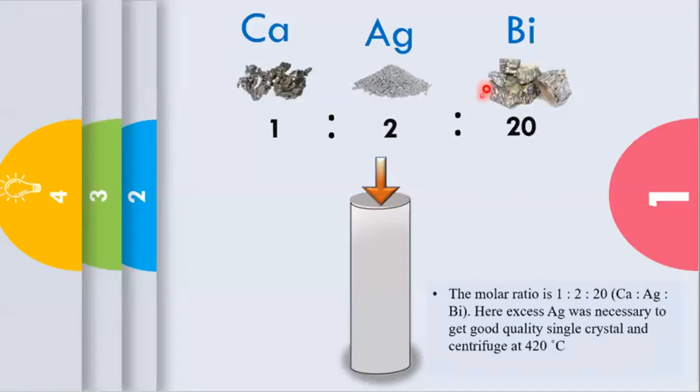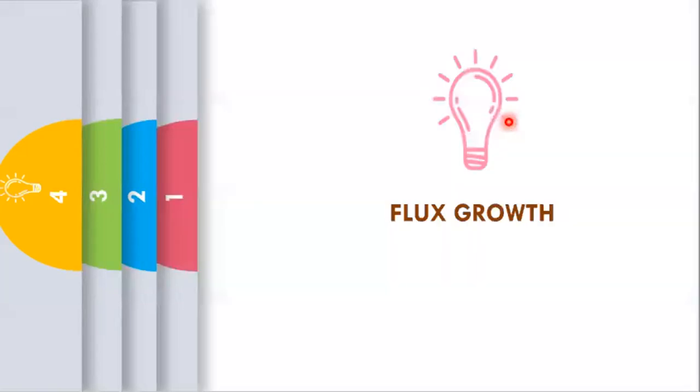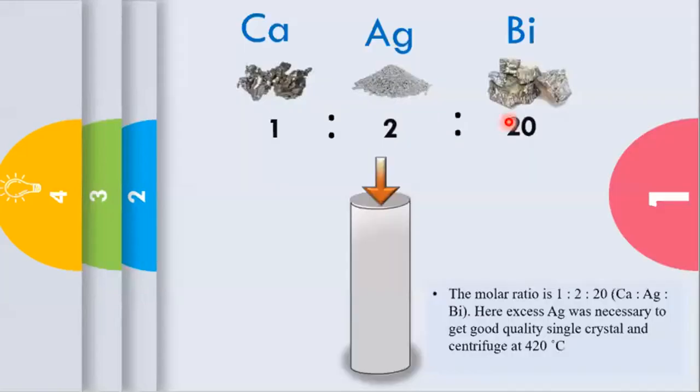In the whole process, the flux has been removed, because my aim was to grow calcium Ag bismuth. So it has a large amount of bismuth also. When we keep that 1:2:20 ratio, that means you have a large amount of flux. So while heating the material, you have bismuth in the molten state as well as calcium and Ag.